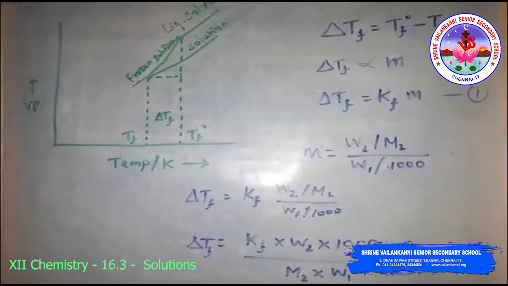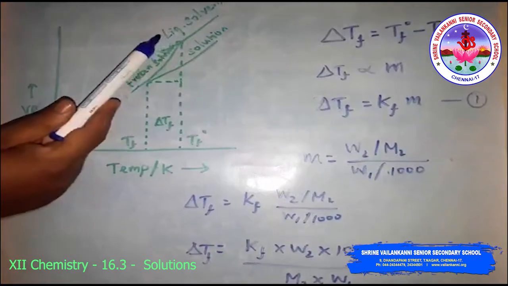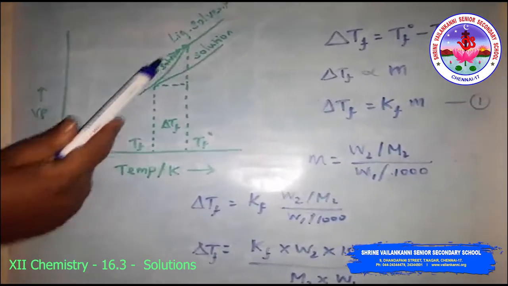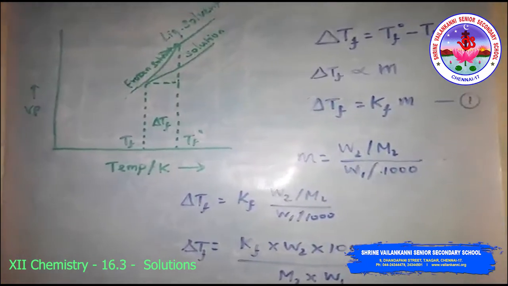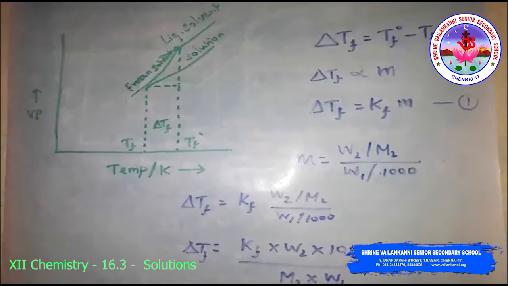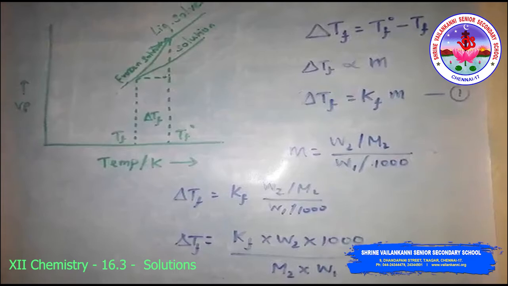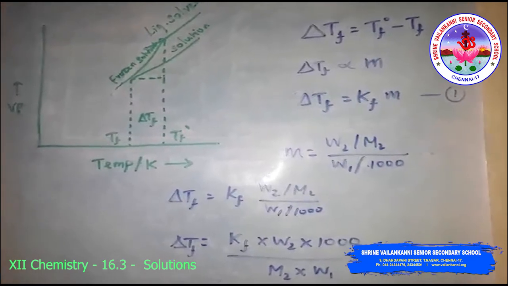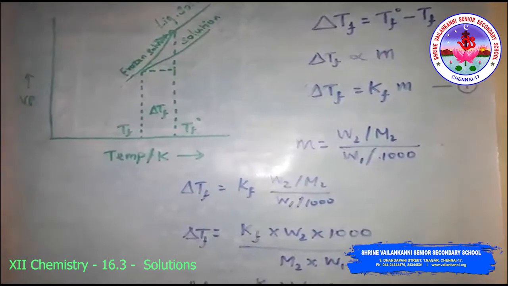Look at this: this is the liquid solvent solution, this is the frozen solvent. According to Raoult's law, when a non-volatile solute is added to the solvent, its vapor pressure decreases, and now it would become equal to that of the solid solvent at the temperature.